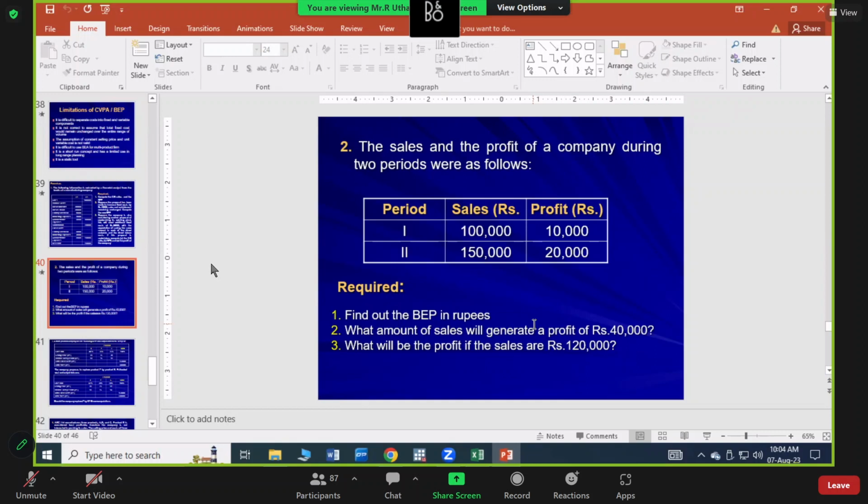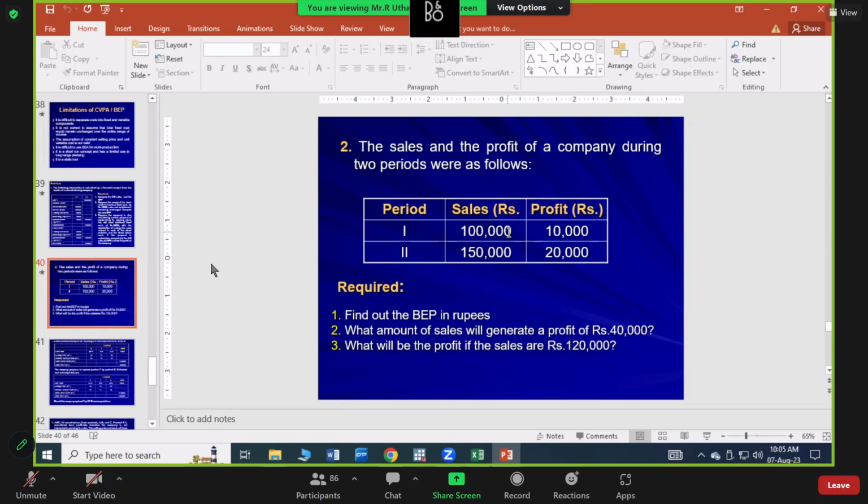You know that the fixed cost would be the same for every period. Only the variable cost will change when the sales change proportionally.